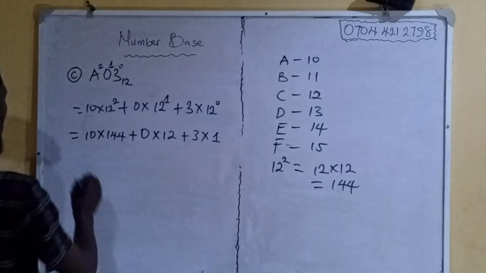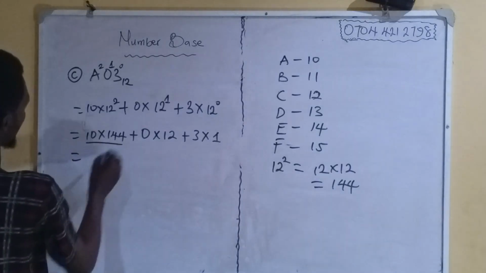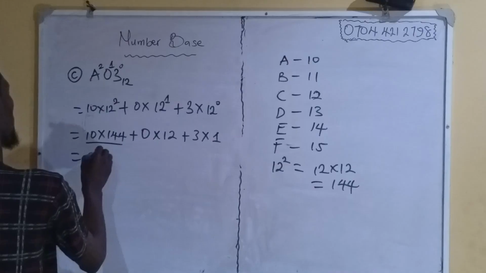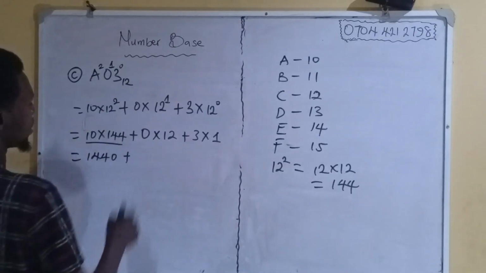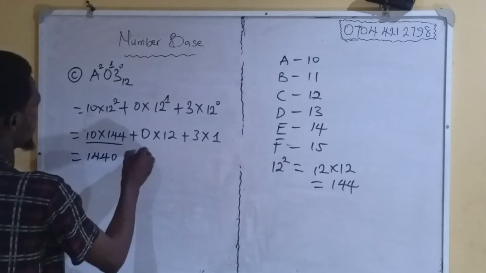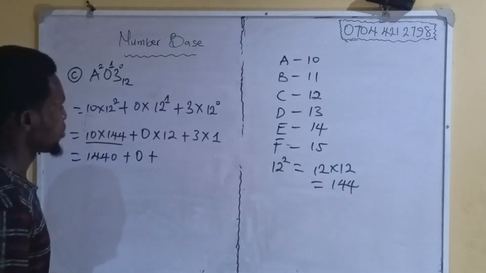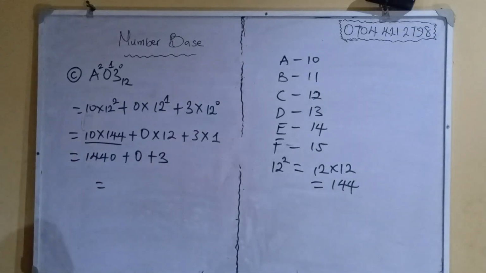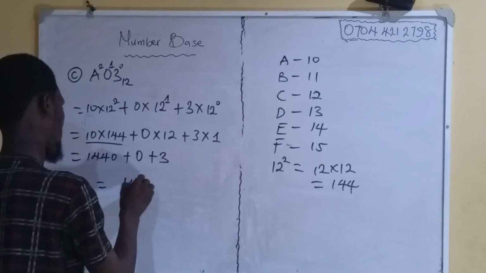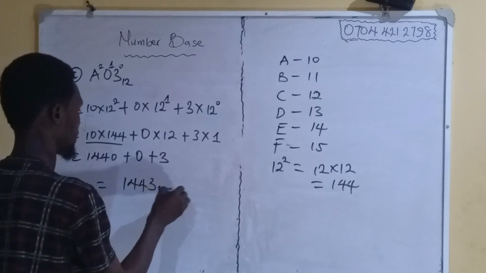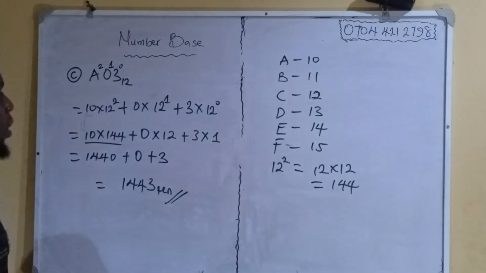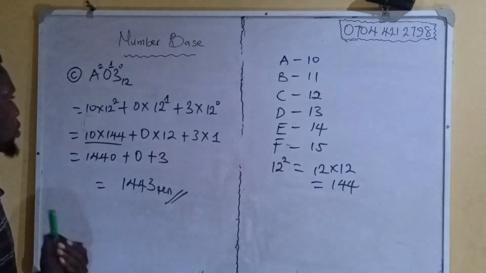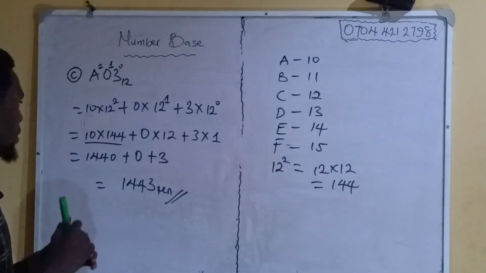And then what you have next is 144 times 10 is 1440, plus 0 times 12 is 0, and then 3 times 1 is 3. If you add it up together, you will have 1443 base 10. All right, that's how we convert numbers from other bases to base 10.